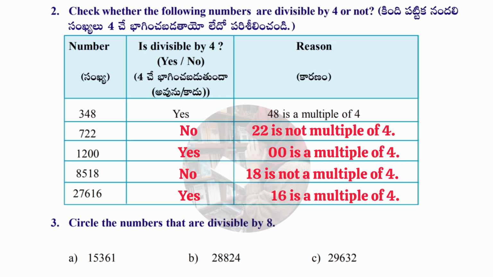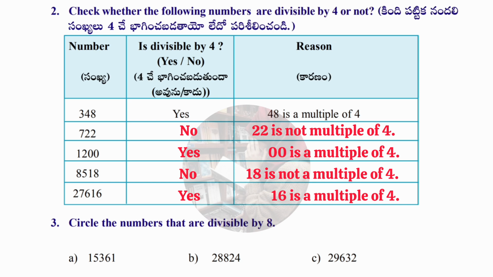Let's see, one is already done for us, which is 348 number is given. Okay, so last two digits are 48. It is divisible by 4. That's why I write down yes in the second column. Then in the third column, we have to write down the reason, which is last two digits are 48. So 48 is a multiple of 4. This is the reason. That's why it is divisible by 4.